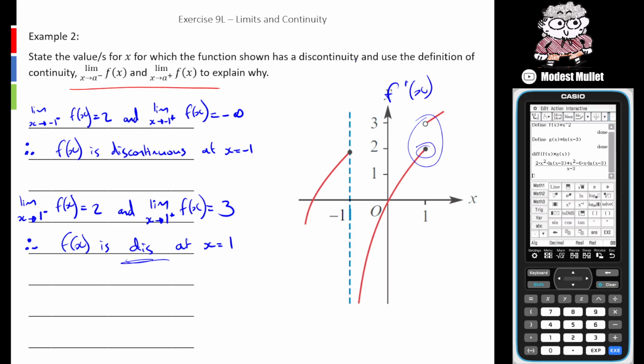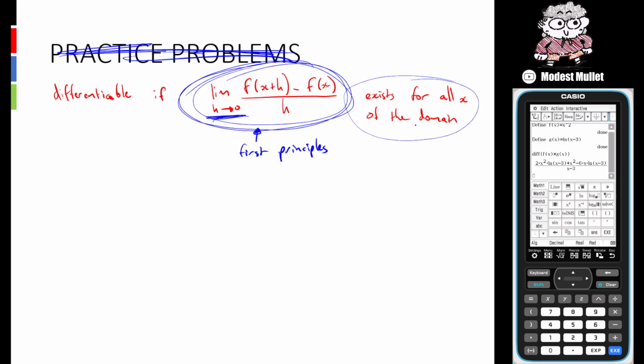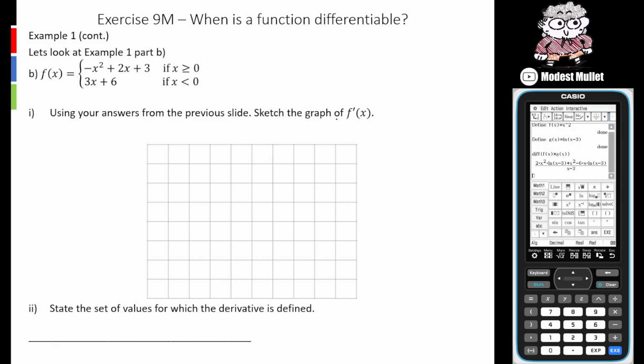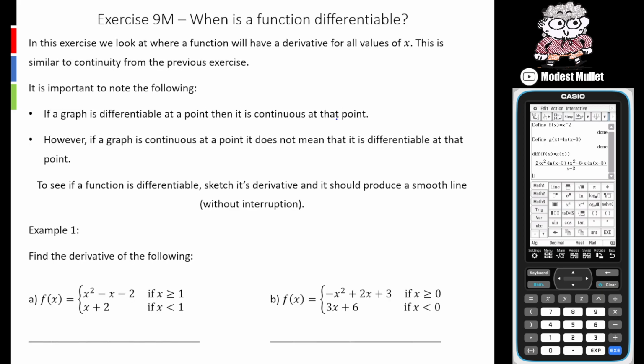Is the derivative 2 or is the derivative 3? We don't know. So that's where we run into a really big problem and why we just looked at that previous exercise. So any function is differentiable if the limit as h approaches 0 exists for all x values on the domain.